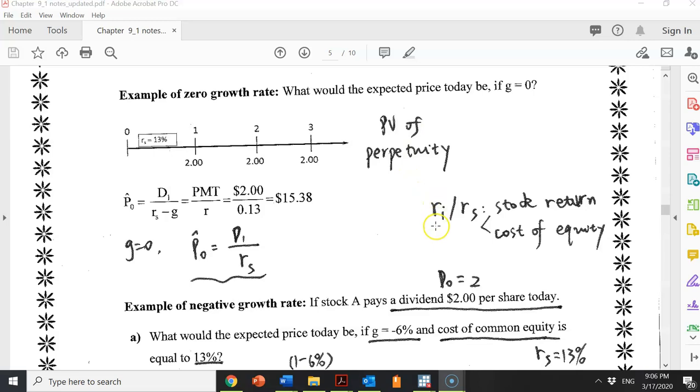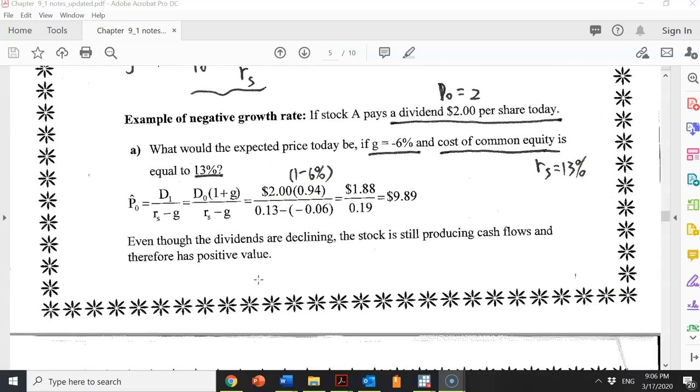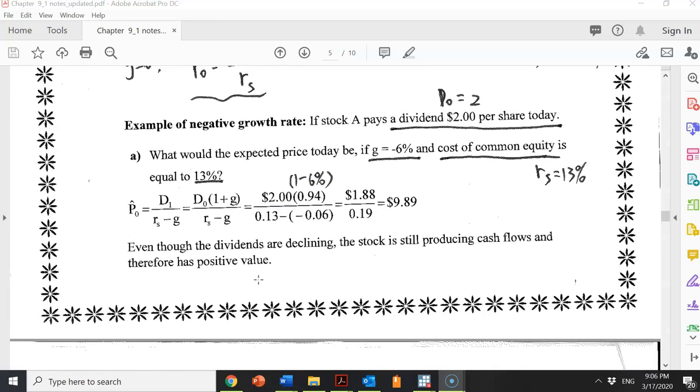And this RI or RS here, we can call it stock return. It is also the cost of equity for us. The first example is relatively simple.